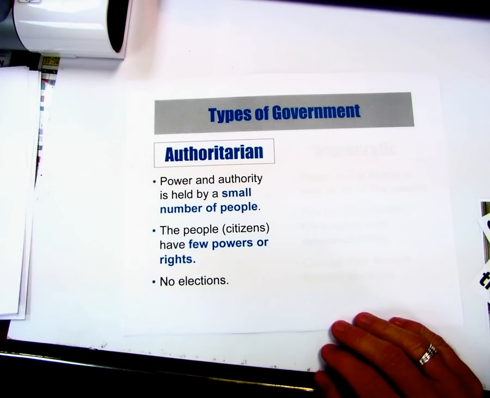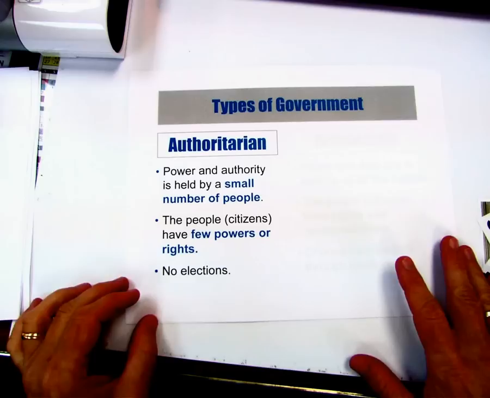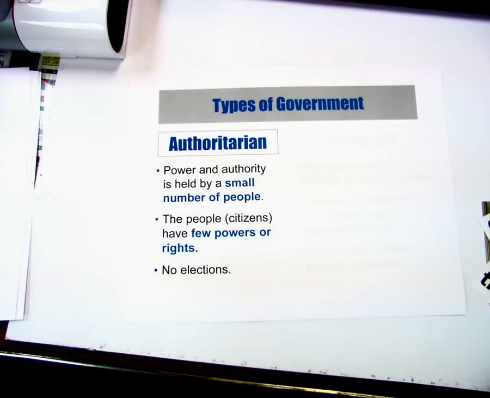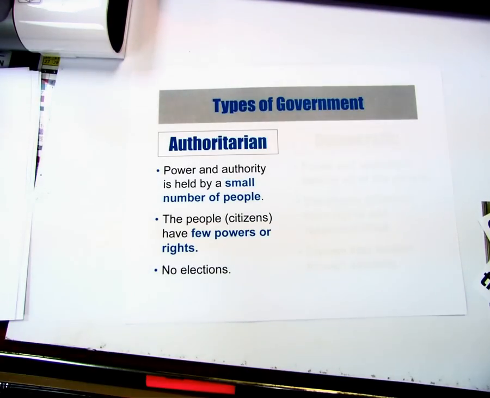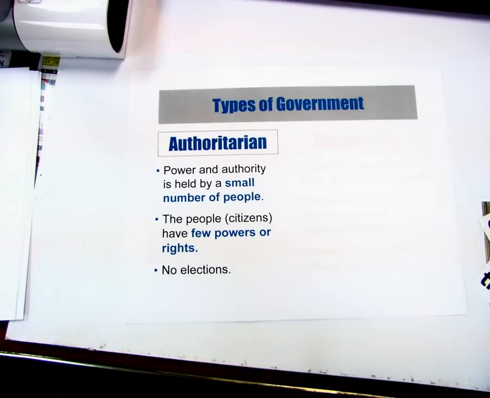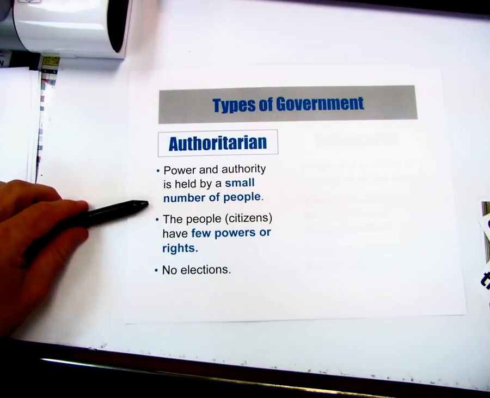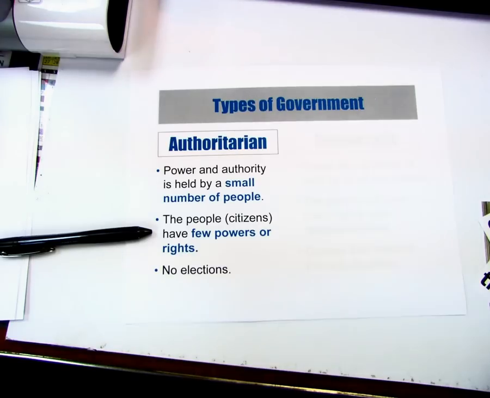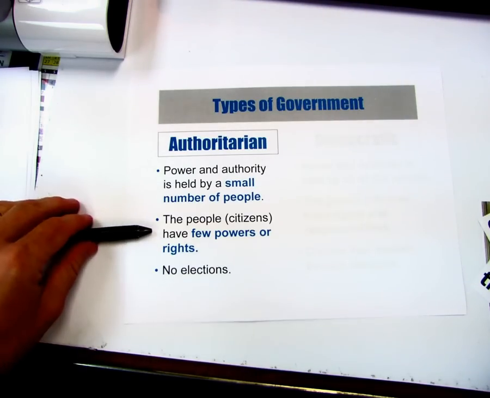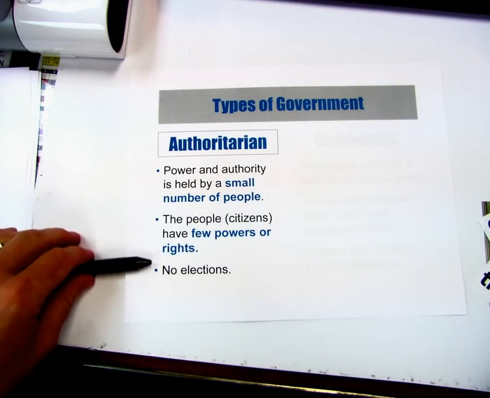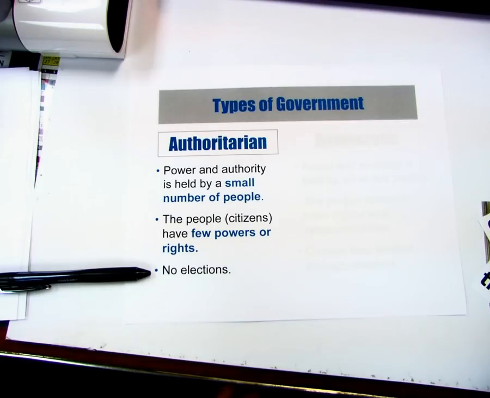Well, first, authoritarian governments are those types of governments in which the power and the authority is held by a small group of people. A small number of people have the power. And the citizens, the average people, you and me, have very few powers or rights or responsibilities within the government. And certainly there are no elections.